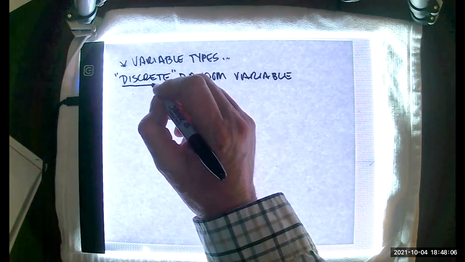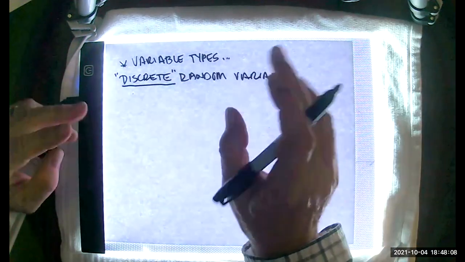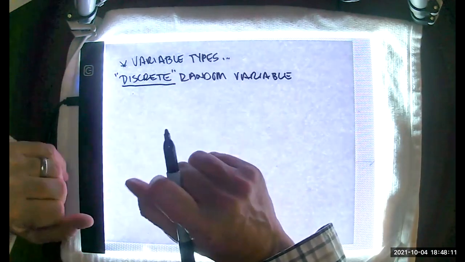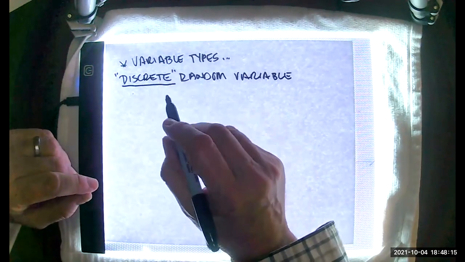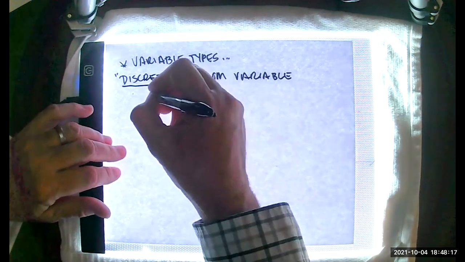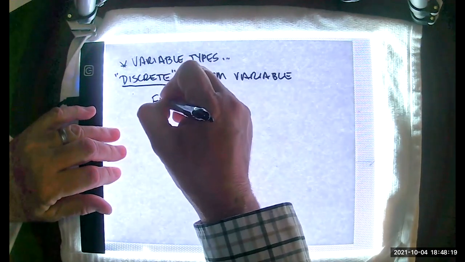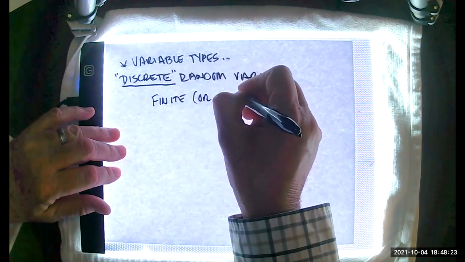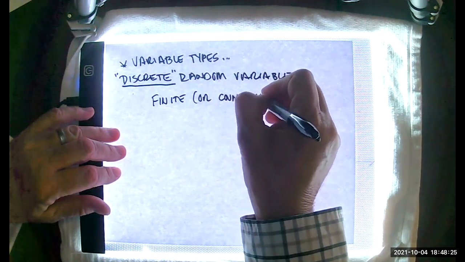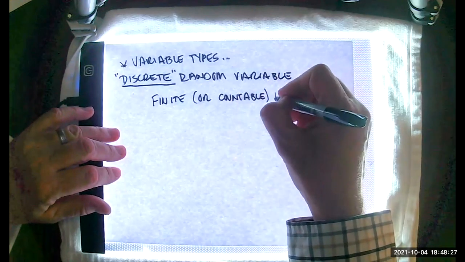If you take a look at the book, I'll let you read the definition in the book. Here's basically what we mean by discrete random variable. We have a finite or countable number of outcomes.